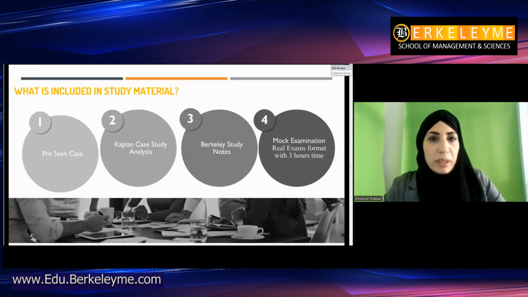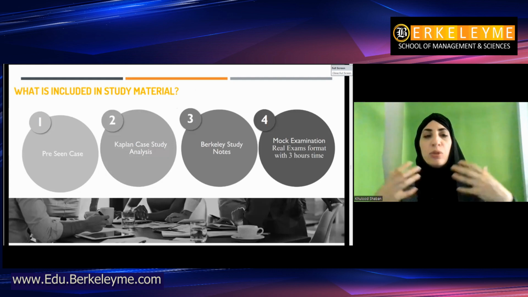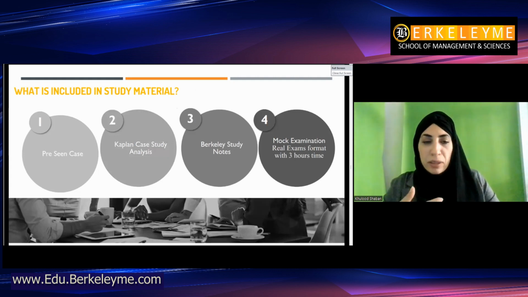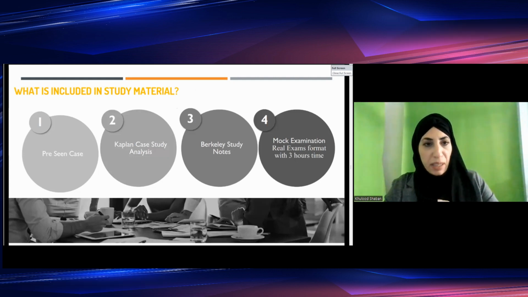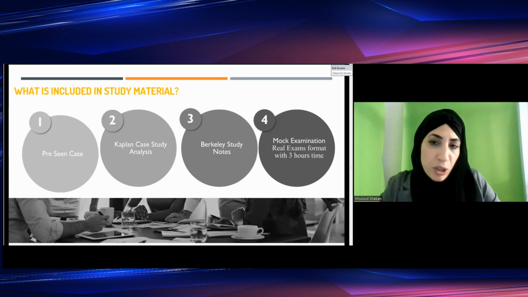Now, what is included in the study material? Of course, the pre-seen case study, plus the full, comprehensive analysis of all the financials, the controls, the risk, the governance, SWOT analysis, everything will be included in the pre-seen analysis. A very important thing that will also be included is industry familiarization.